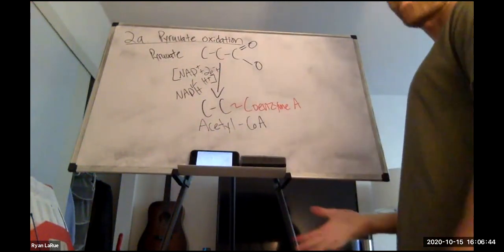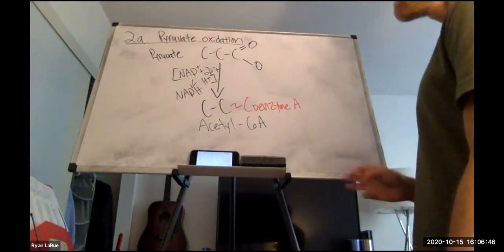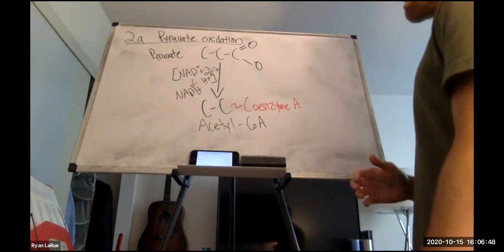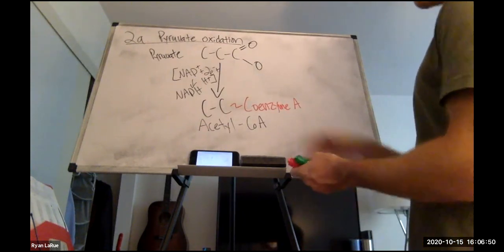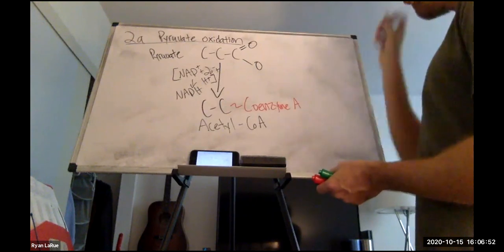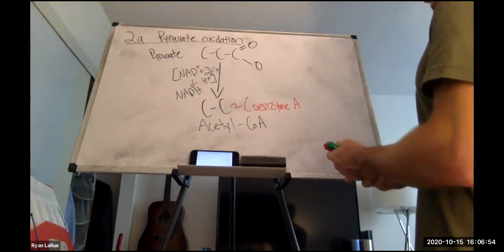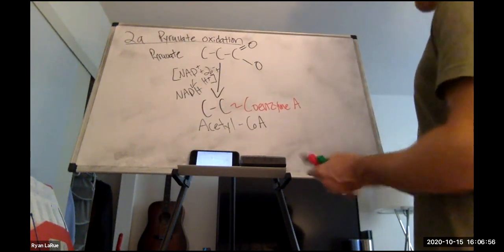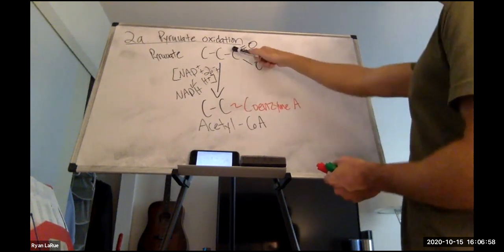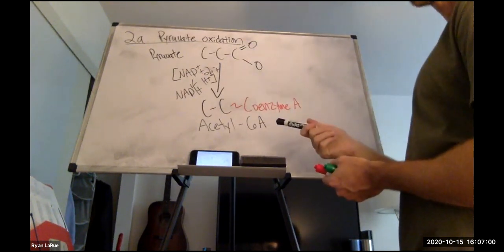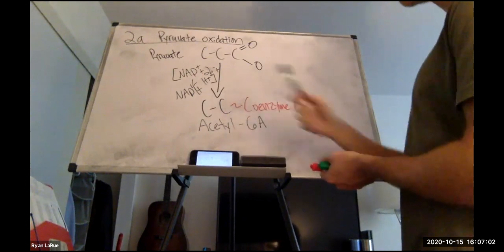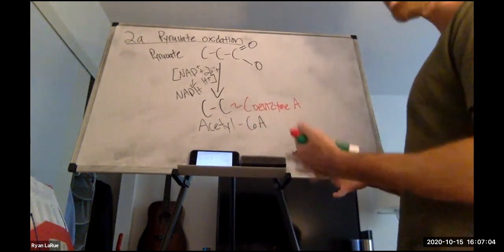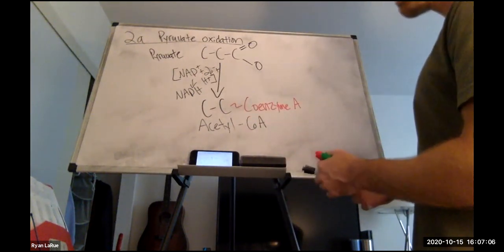And what also happens during pyruvate oxidation, so during another enzyme catalyzed step, this carbon gets cleaved off. As we noticed, we end up with 2 carbons, right? So we lost 1.